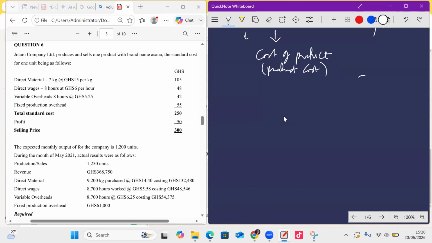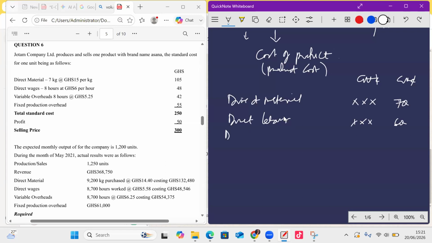What do we first state? We first go and find direct material. Is that correct? Yeah. So XXX, direct material, let's say this is 70. Then we have direct labor. Let's say this is 60.